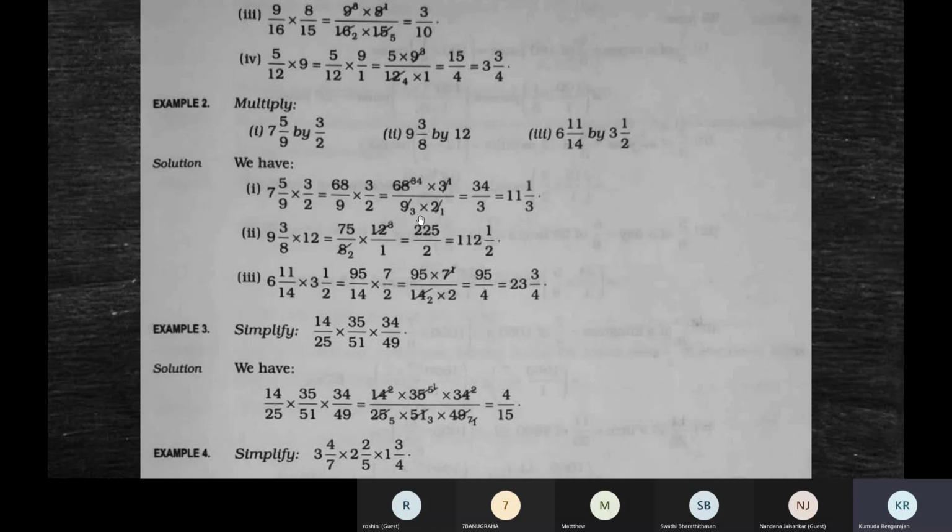So like this we simplify. Then multiply the numerators. 34 into 1 is 34. Then multiply the denominators. 3 into 1 is 3. Now this is an improper fraction. So we write it as a mixed fraction like this.